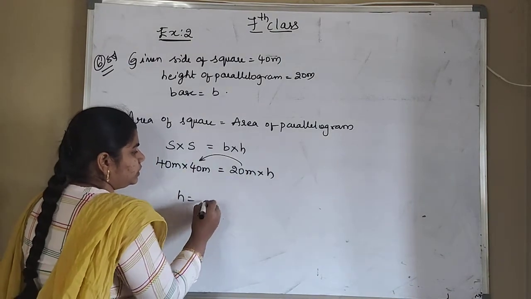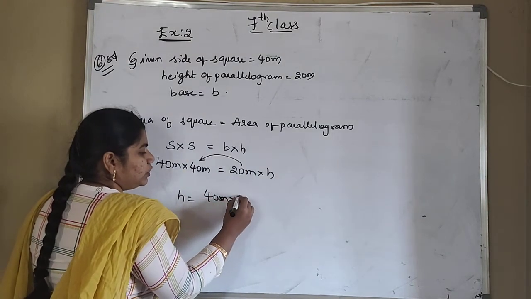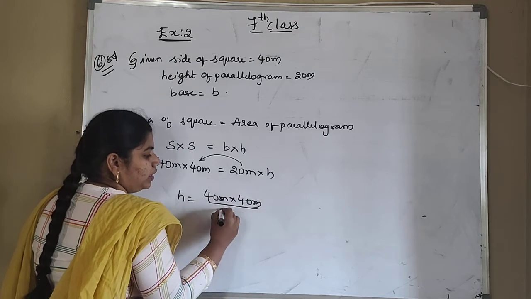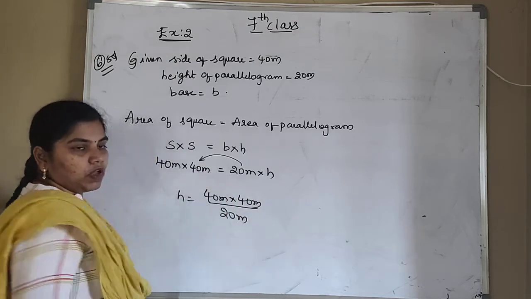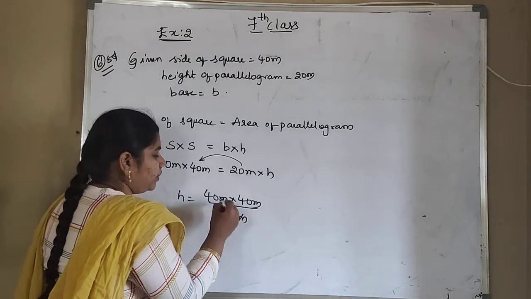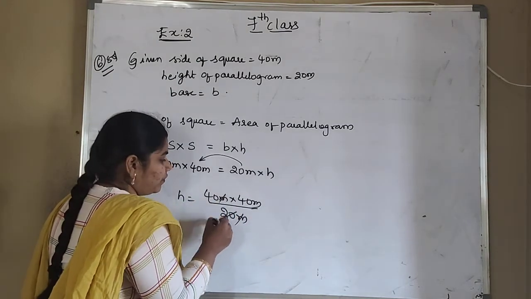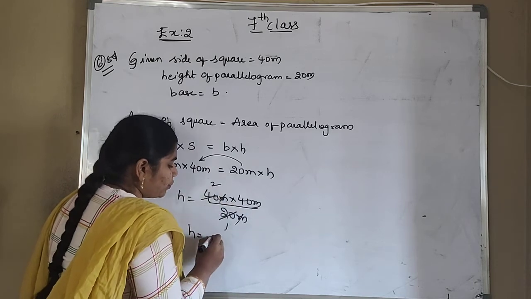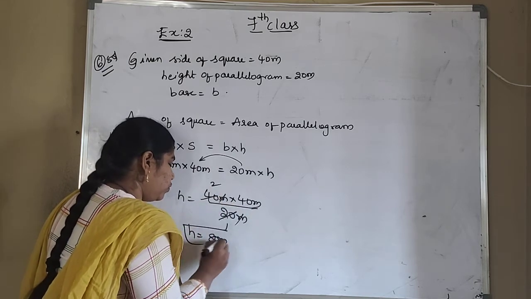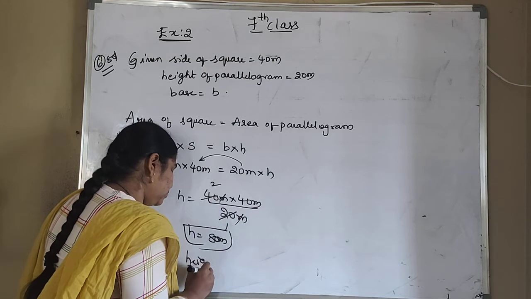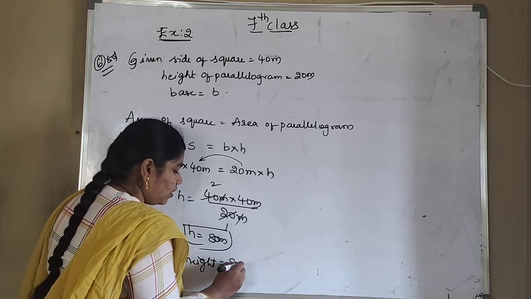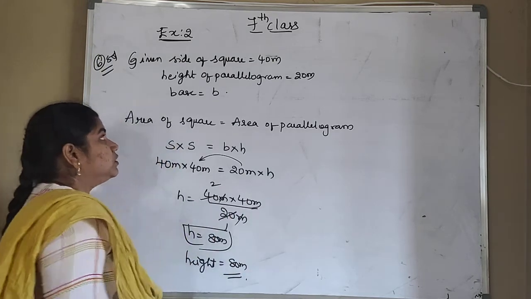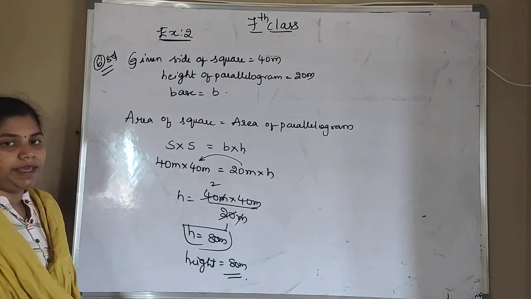So h is equal to 40 meters into 40 meters by 20 meters. Now here meter will get cancelled. 20 twos are 40. So height is 2 into 40, that will be 80 meters. So you got the height value as 80 meters. This is our last question in exercise 2.